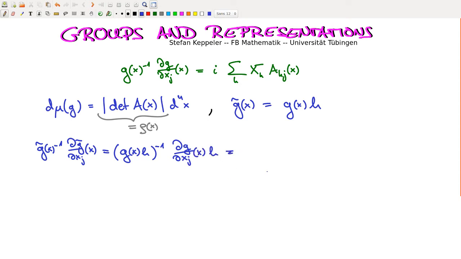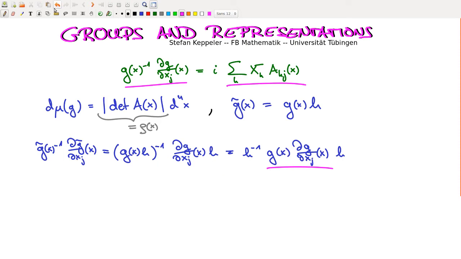And this time the h's don't go away because they are on the outside. So we get g of x dg dxj of x in the middle and h inverse and h on the outside. But this here we recognize from above, that's just this.